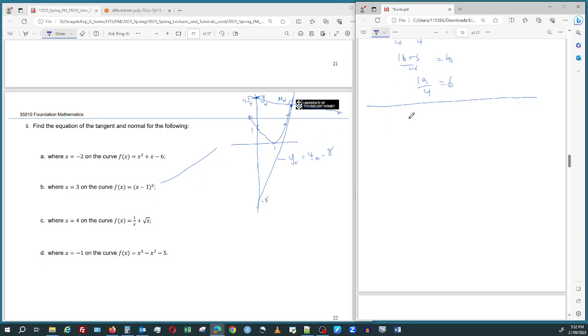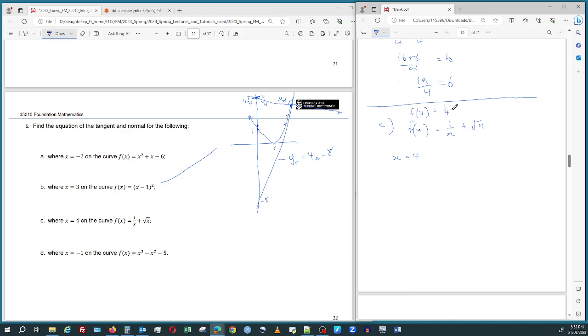So for C, our function is 1 on x plus the square root of x. So it's a composite function. Don't know much about it, so this is ideal for working out what's happening using calculus, because I've got no idea what 1 on x plus the square root of x looks like. I can guess, but I'm not going to. The other thing, I'd like to know the y value, so I'll just work out the y value.